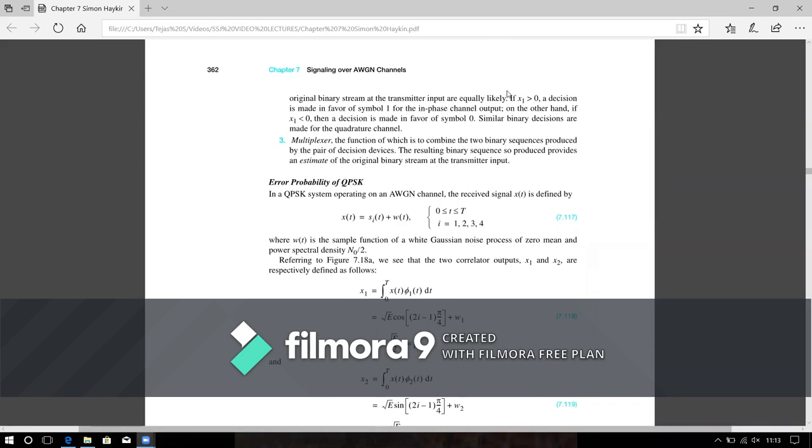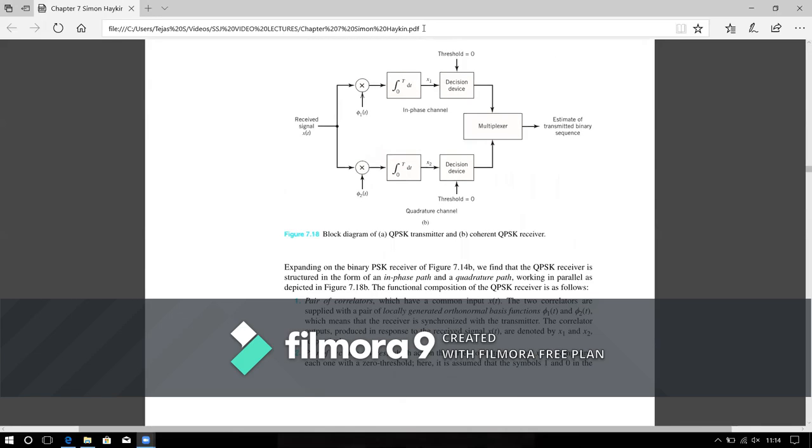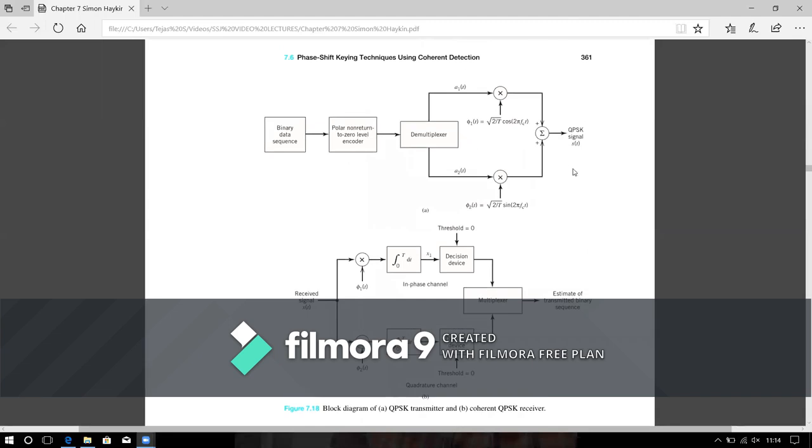In a QPSK operating on an AWGN channel, the received signal x of t is defined by si of t plus w of t. As you can see from this diagram, x of t equals si of t plus w of t. I have taken si of t because I will be having 4 different phases, so i varies from 1 to 4.